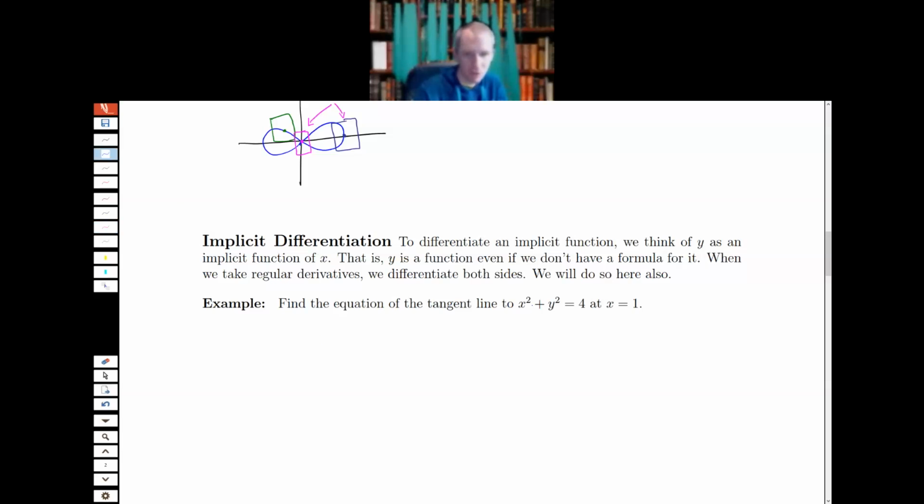Okay, so I'm going to look at this equation, x squared plus y squared equals 4. Just to give you some reference, we don't normally draw the graph of implicit functions, but for something like this we can. Right, so I'm going to get a circle of radius 4, and we want to find the tangent line when x is 1. Now, before I get started, one thing I'll notice on the graph is that when x is 1, I'm going to have two different tangent lines.